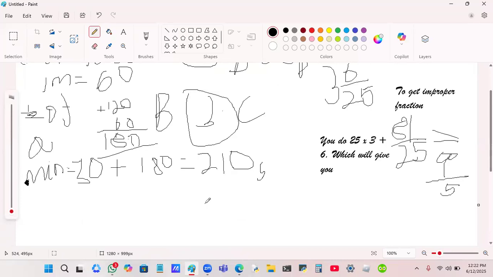The remainder now: 5 goes into 9 one time, you put 1, and the remainder is 4 over 5. That's it.